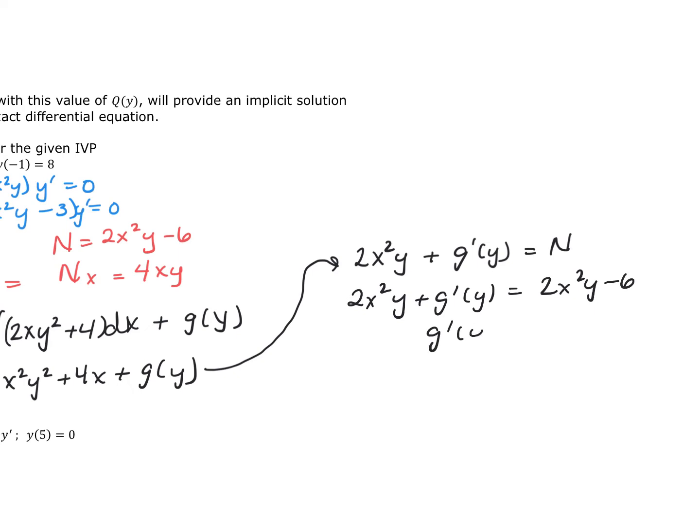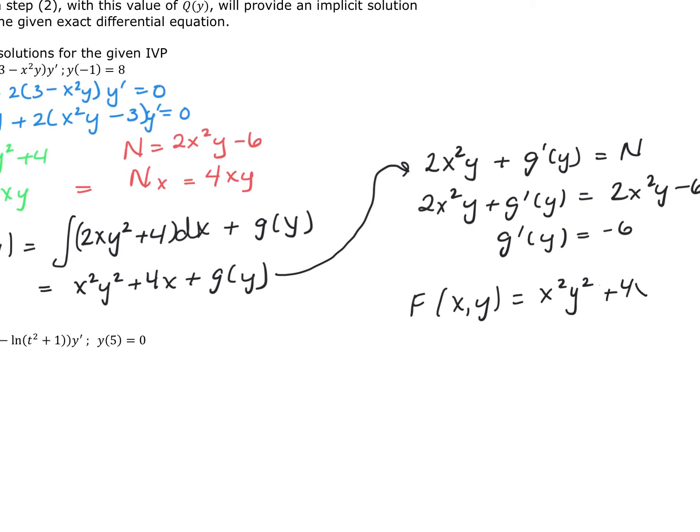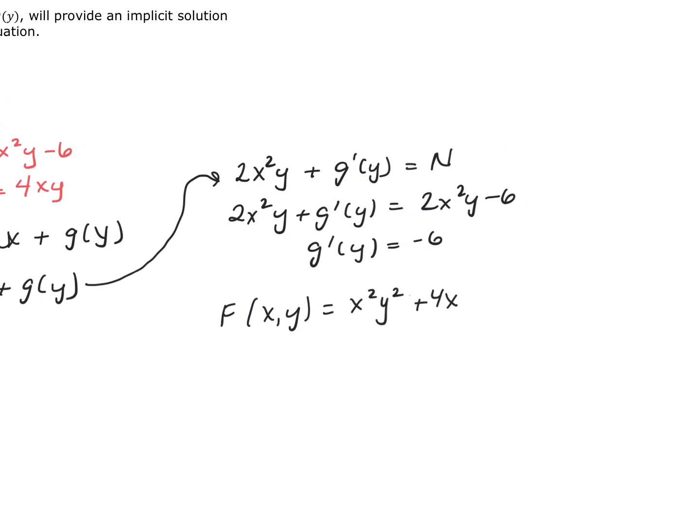That means g prime of y must be equal to negative 6. So then my function F of x, y must be equal to x squared multiplied by y squared plus 4x. If g prime of y is equal to negative 6, that tells me that g of y must be negative 6y, so I have minus 6y.